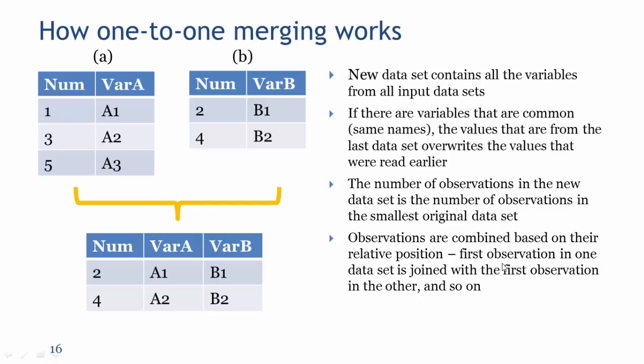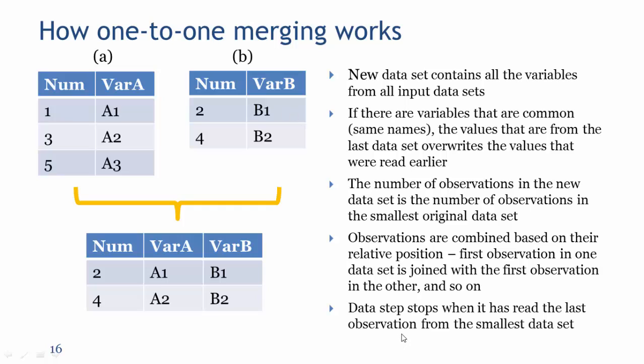That is, the first observation in one dataset is joined with the first observation in the other. So in this case, the first row of dataset A is joined with the first row of dataset B. The data step stops working when it has read the last observation from the smallest dataset, and that's why we do not have the third row in the merged dataset.